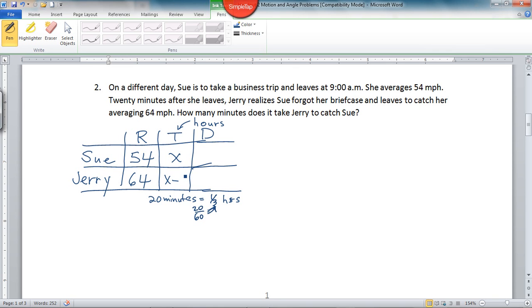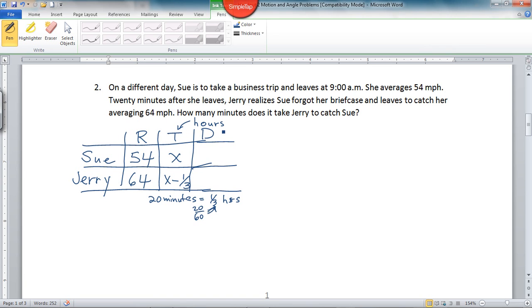So that's what we subtract here. x minus 1/3, where 1/3 is 1/3 of an hour. Okay? All right, so that's our time column. A little bit of a twist on it.